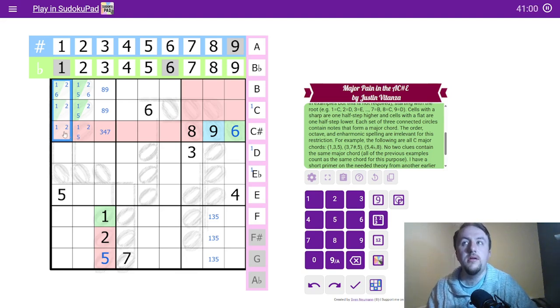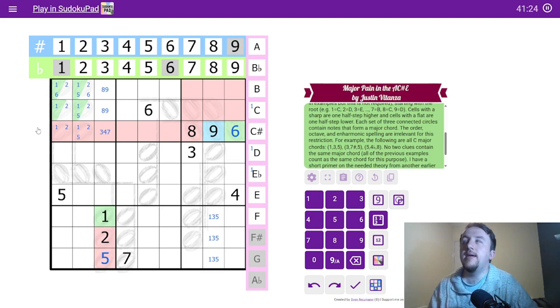Two for our 2 and 6. If we tried to make the 6, no, we can't make the 6 flat, because we've already got a flat 6 over here. So what are we going to make instead?